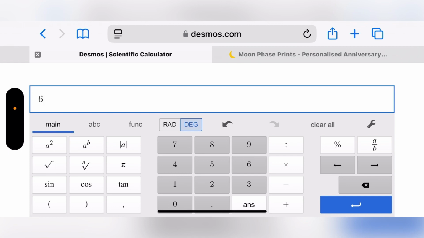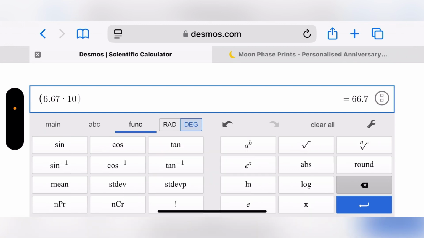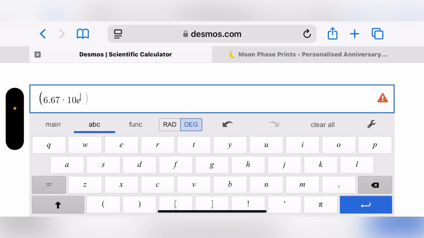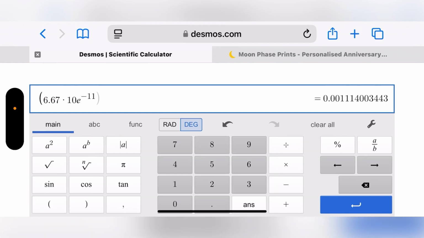So it's 6.67. Wait a minute. Still learning here. 6.67 times 10 to the, where is the negative 11. Okay, that's not. Then 75.